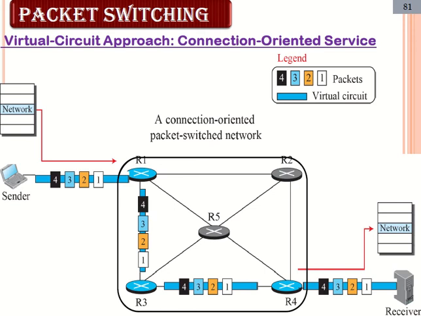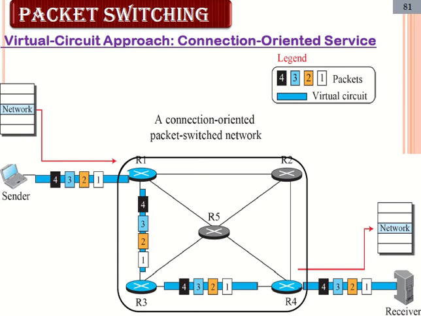In the virtual circuit approach or connection oriented service, there is a link or a relation between all the packets belonging to a message. That is, whatever entire data the network layer gets from the transport layer, when it is divided into multiple packets, all these packets of one particular message will have a relationship.